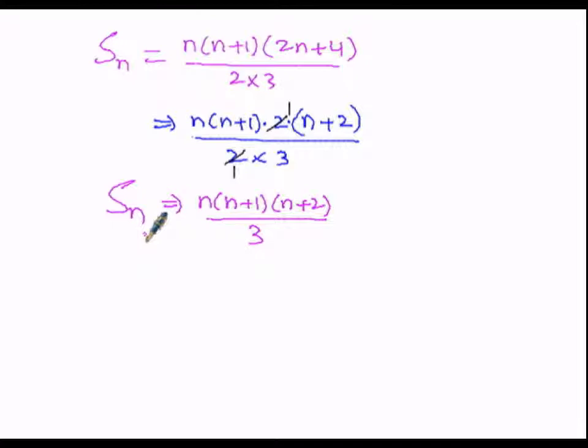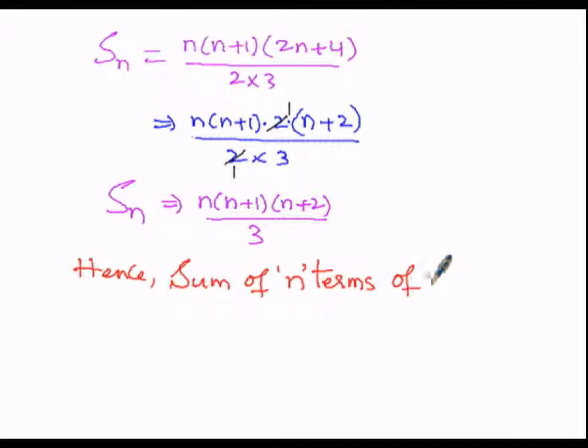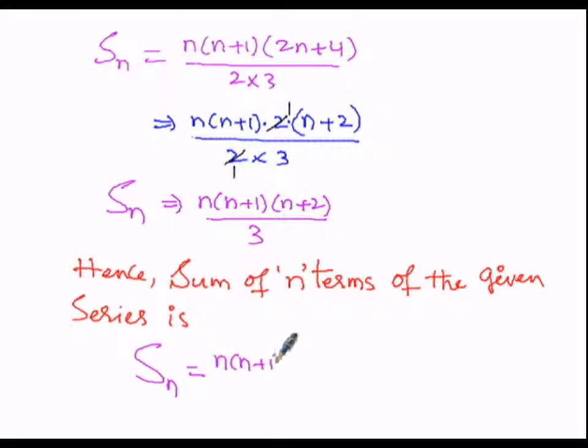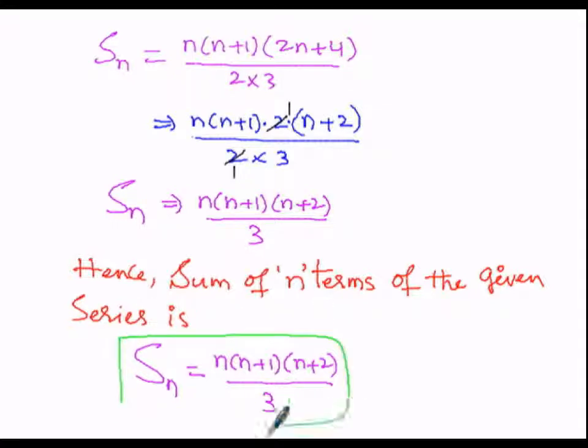So here, hence, the sum of n terms of the given series is S of n is equal to n into n plus 1 into n plus 2 overall divided by 3, which is the required solution.